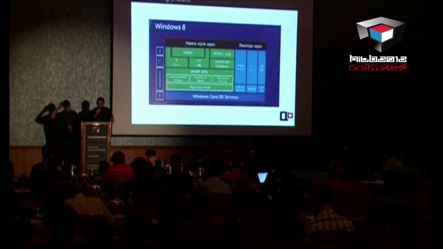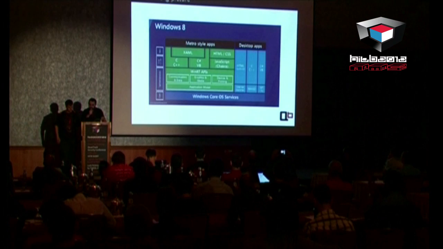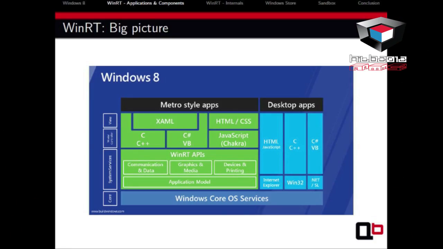So this is a big picture of WinRT. As you can see, it's split in two parts. There are on the side the desktop applications as they can be seen in previous Windows operating system releases. And the new part is about Metro style applications.